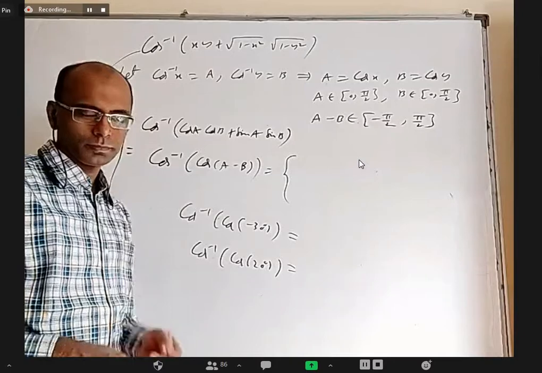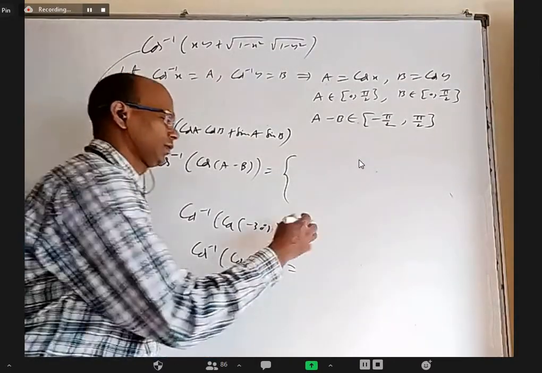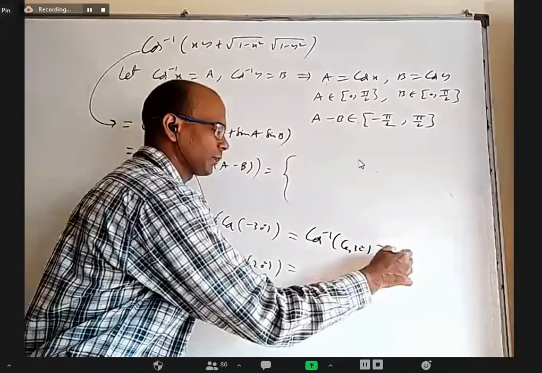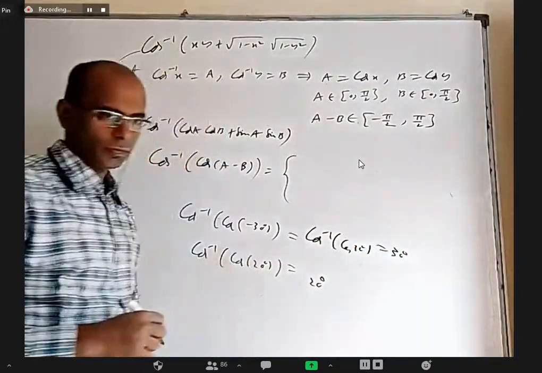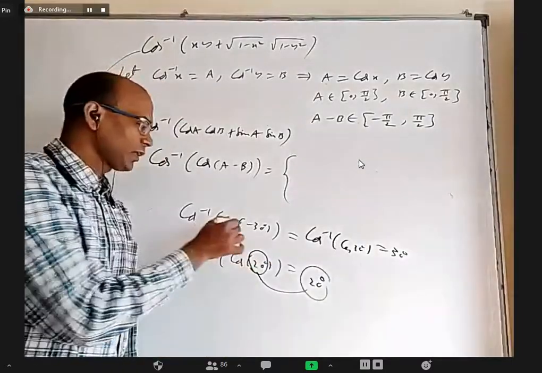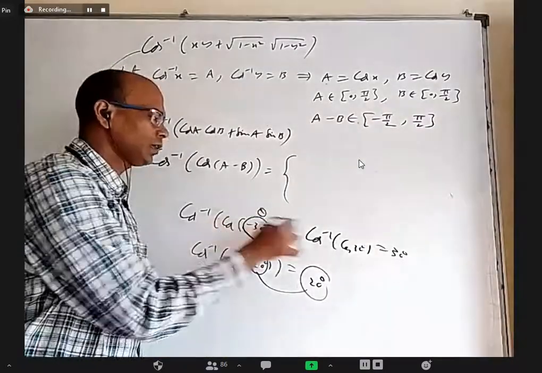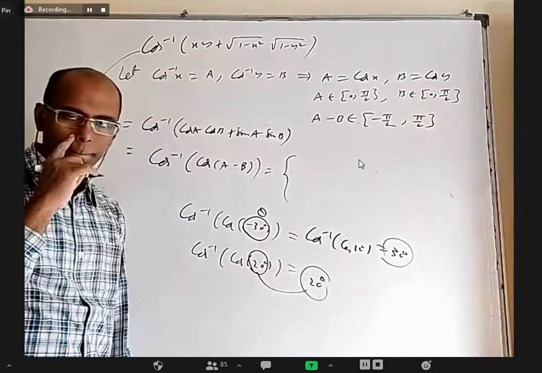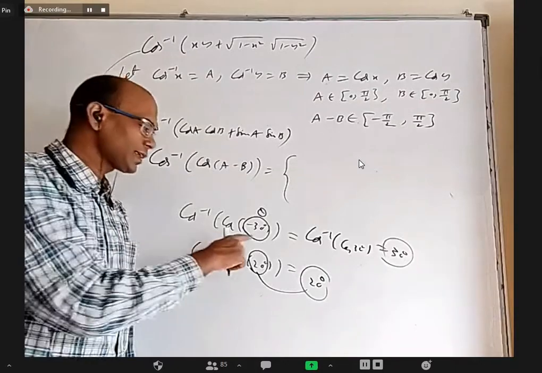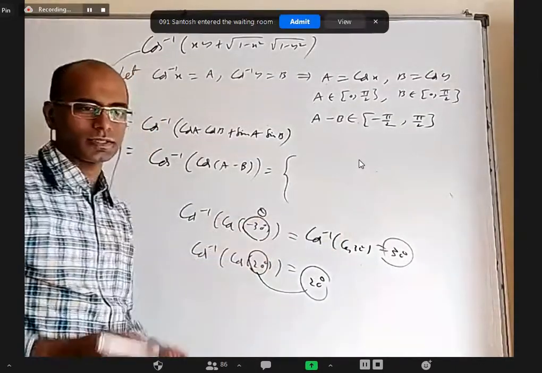So I can write simply cos inverse cos 30 and it is 30. Here directly 20. So if I take 20 as theta, the answer is also theta. But if I take minus 30 as theta, the answer 30 will be minus theta.